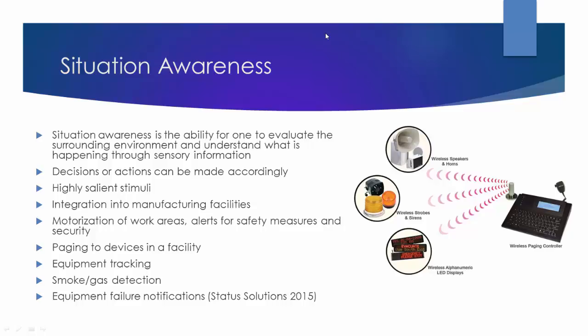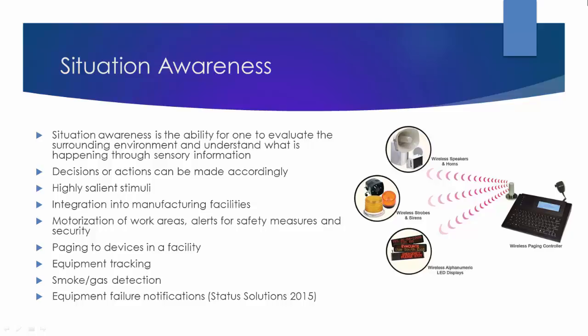So, like I noted earlier, humans have stimuli, and so, for example, if an alarm goes off and you are doing a task, you may be very distracted because of a loud, sharp noise. Also, for example, if there was a smell in the work environment, you may take notice of that and question, okay, why is it smelling? What's going on?